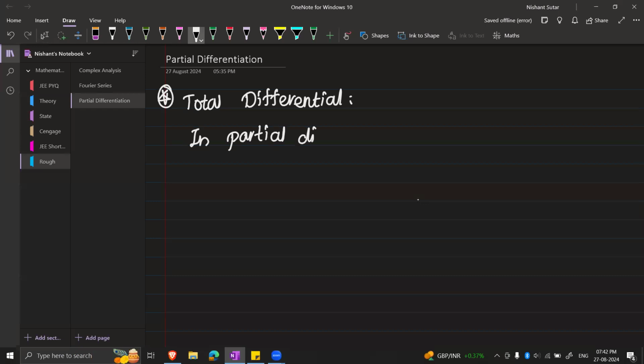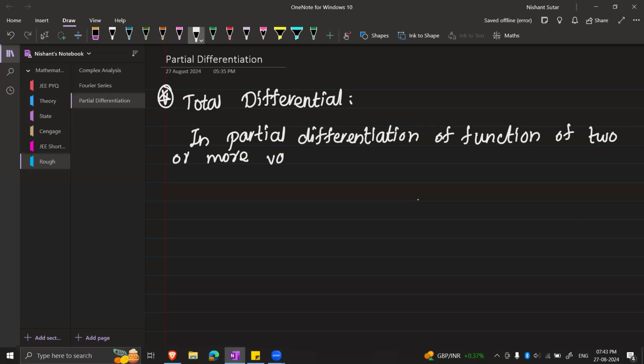In partial differentiation of a function of two or more variables, what we generally do is that, well, I should say only one variable varies.